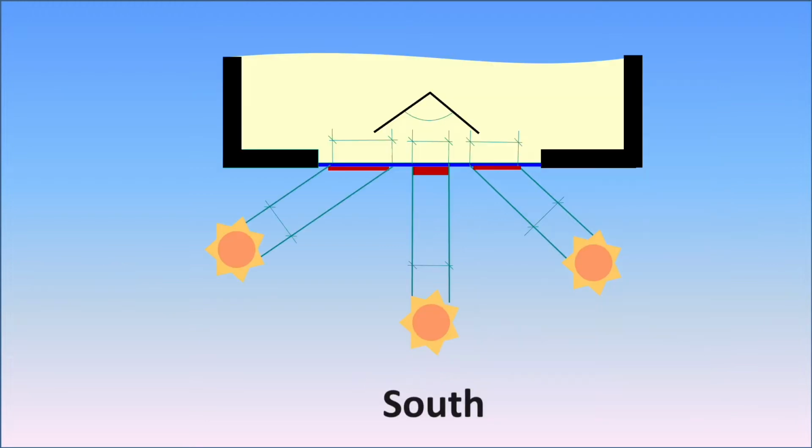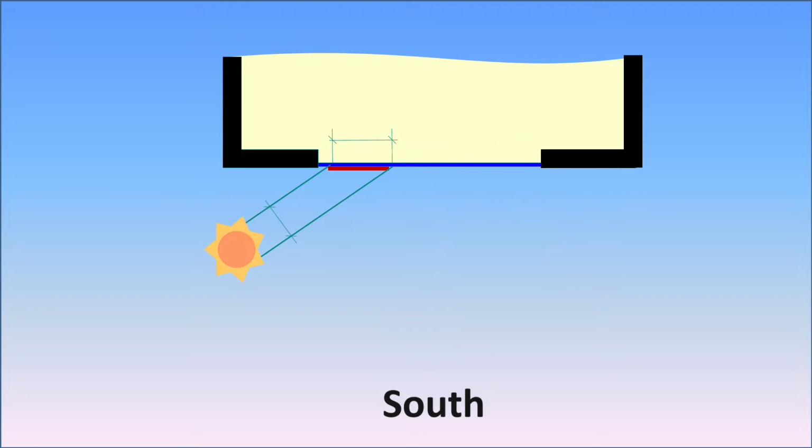This plan view shows how this principle applies to the sun's radiation striking the glazing surface at various angles. The more oblique the angle, the less the intensity at the glazing surface, and the more that will be reflected.